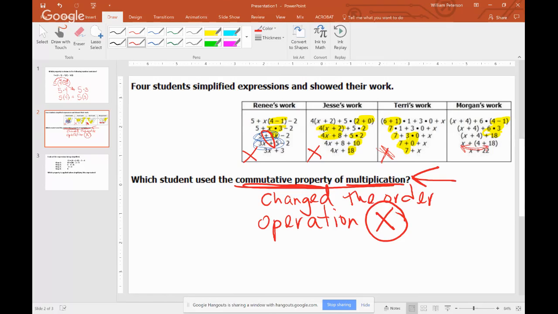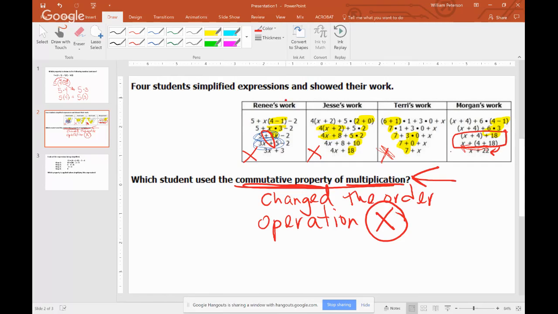I don't see commutative property of multiplication anywhere. So the person who wrote this question obviously didn't check their work, because here I have the associative property of addition. And then it goes 4 plus 18 gives me 22, so we're just adding inside.